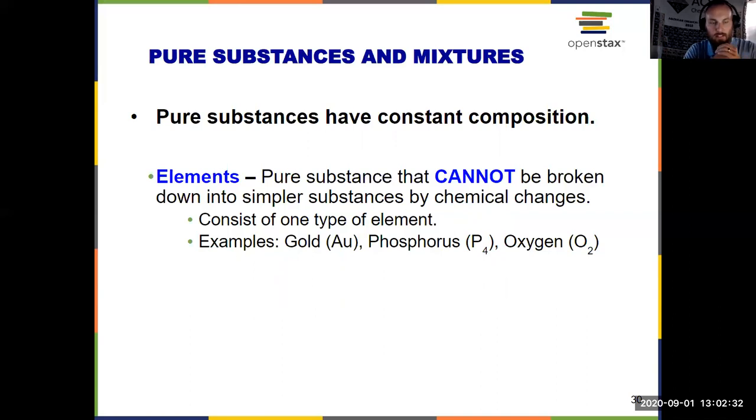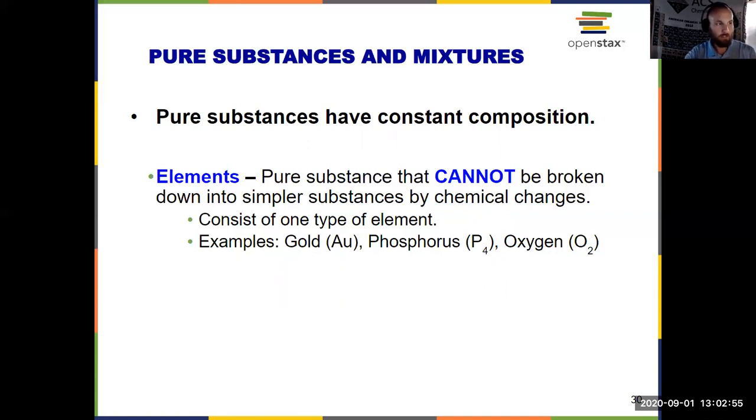A pure substance is something that has a constant composition throughout. So it is 100% the same throughout the entire thing. So an element is something that's an example of a pure substance. And an element is a type of pure substance that can't be broken down any further by a chemical change. It's just one element, okay?